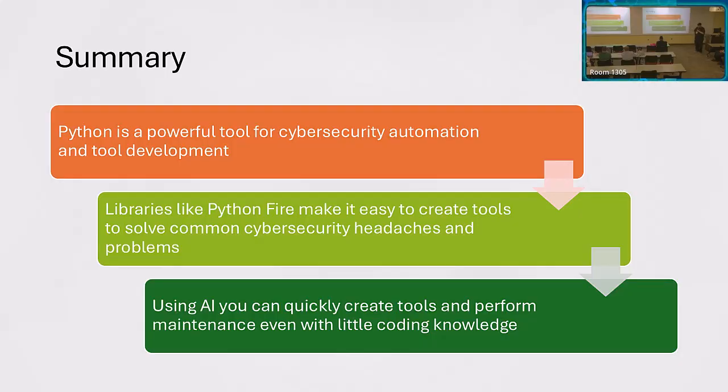So summary, Python's a very powerful tool for cybersecurity automation. Extremely powerful. Libraries like Python Fire make it super easy to create tools and solve common cybersecurity headaches and problems. You would not believe the amount of times I've said, man, I wish I could grab this from NetSpark or some other tool I'm using, or even Fortinet.